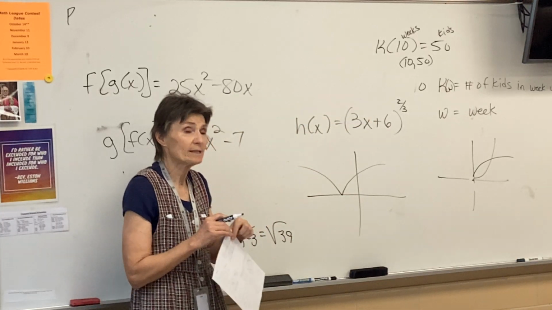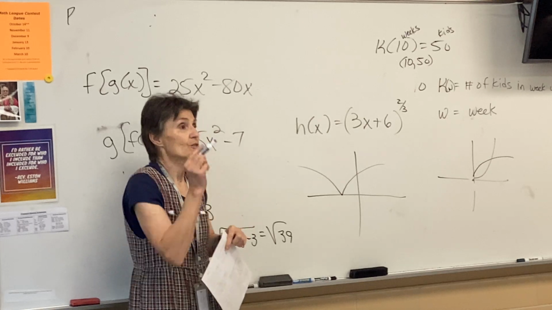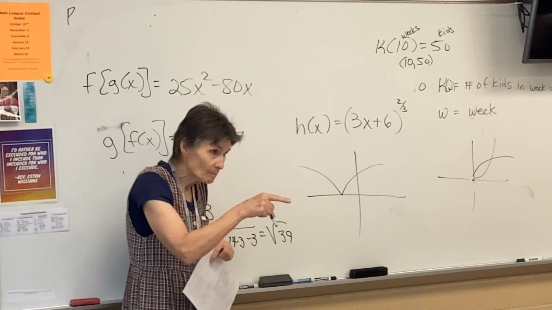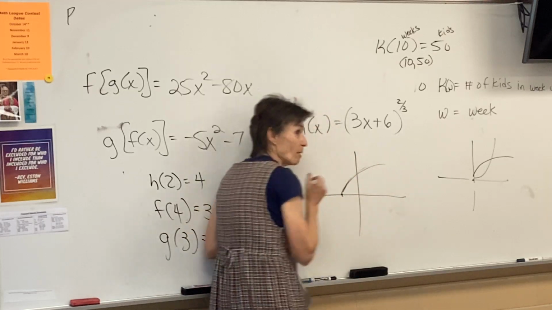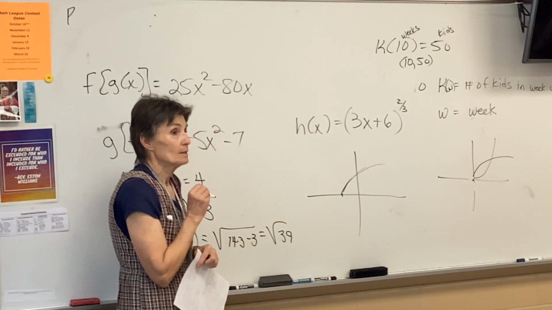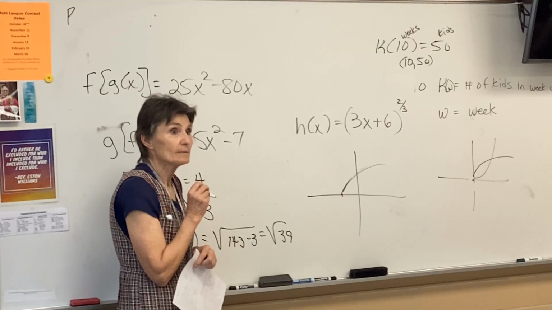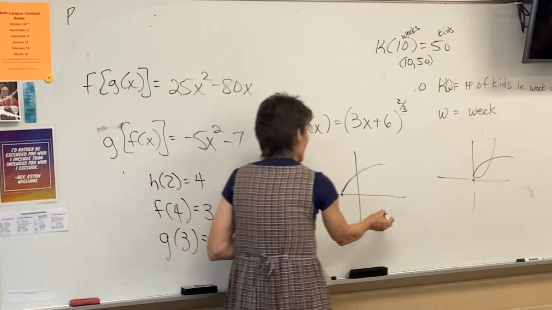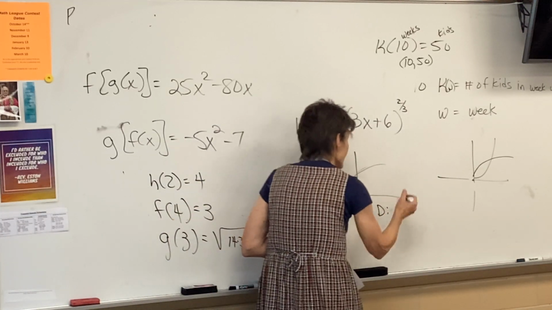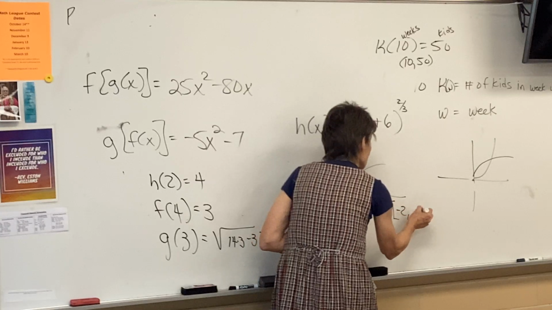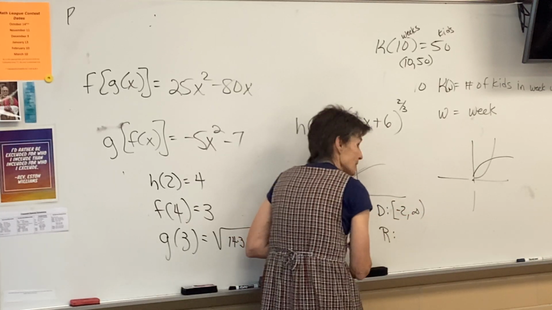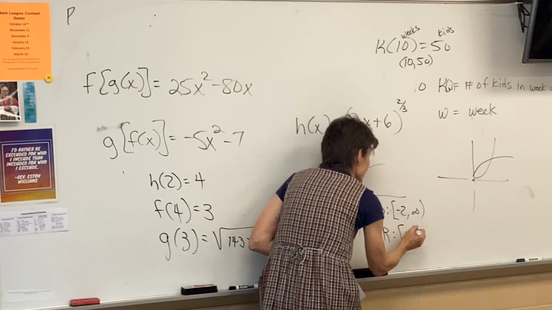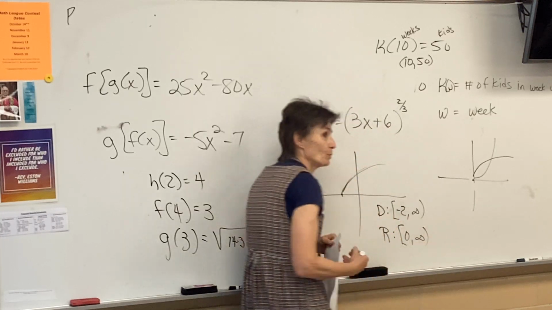However, they restricted the domain to greater than or equal to -2, which means they're only looking at this part of the function. Is it invertible? Yes. Its domain is -2 to infinity, and its range is 0 to infinity. Did you agree with that?